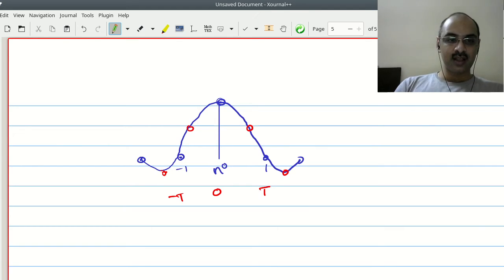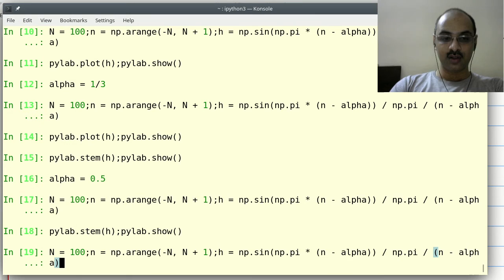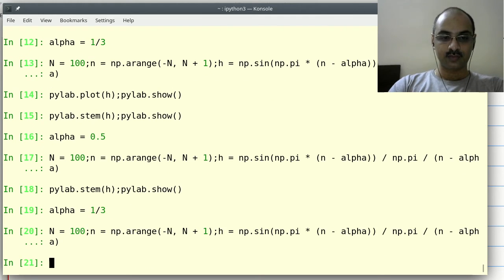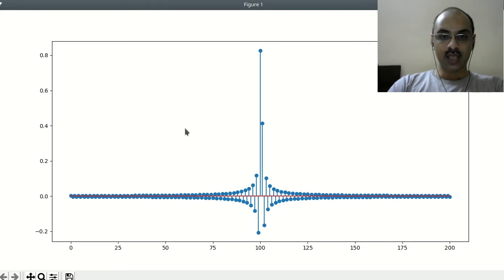If you take 1/3, then t by 3 will be this point, and t minus 2t by 3 will be this point, which is why you got this kind of asymmetric approach when you took 1/3. Don't believe me? You can try this out for yourself. Okay, let's say 1/3. Let me zoom in and show you.